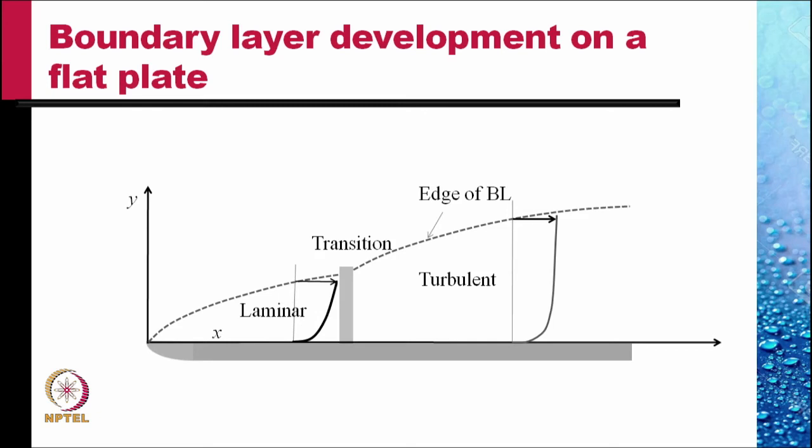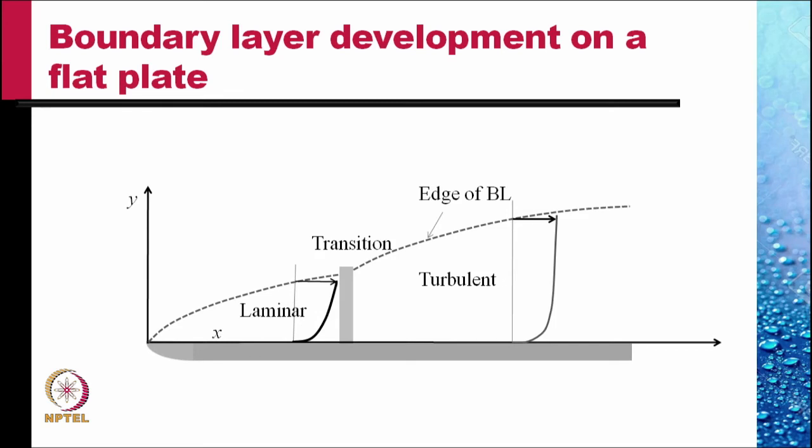Now, all this development is for the laminar flow, because of the nature of the velocity profile that we've taken. The Blasius profile is only for the laminar flow, because we have written shear stress to be mu times del u by del y.